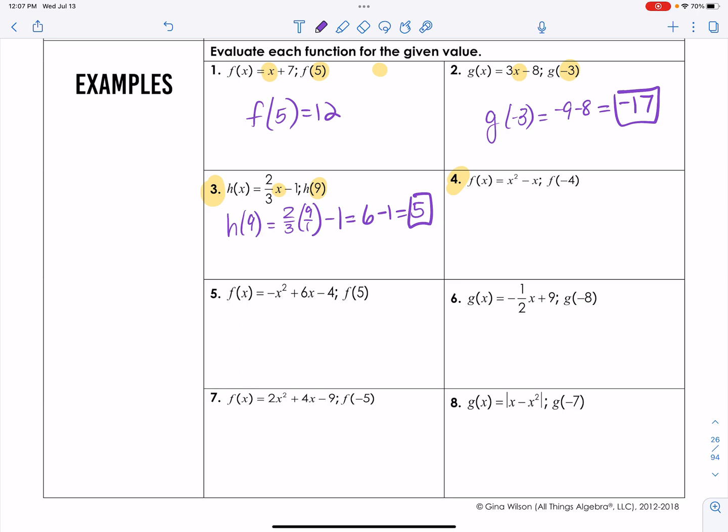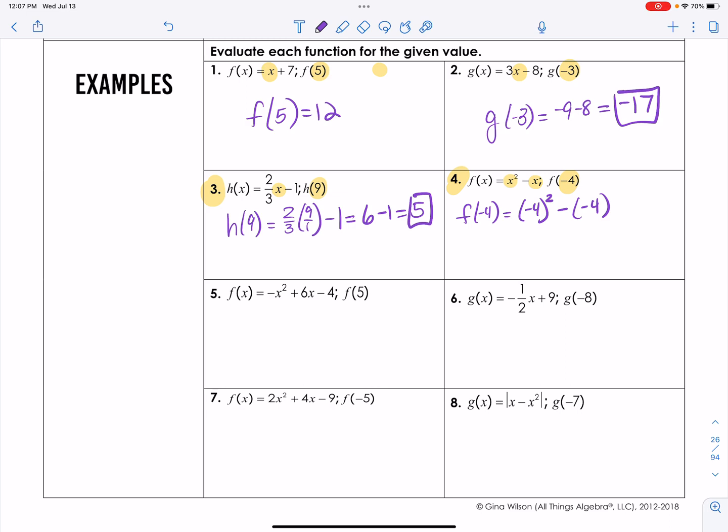And then on the next one, this one is a huge error for kids. I've got 2 places, so I'm going to put it in with parentheses. So f of negative 4 equals negative 4 squared minus negative 4. Now, if you type that into your calculator without parentheses, it will give you the wrong answer.